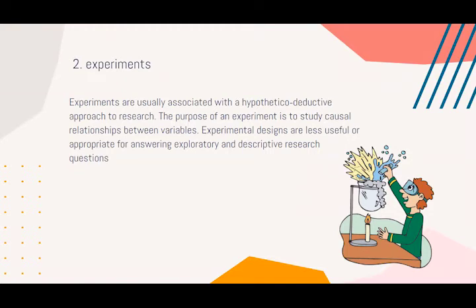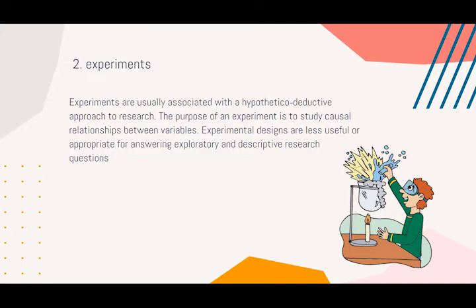Next, we have experiments. Those are usually associated with a hypothetico-deductive approach to research. The purpose of an experiment is to study causal relationships between variables. Experimental designs are less useful or appropriate for answering exploratory and descriptive research questions.